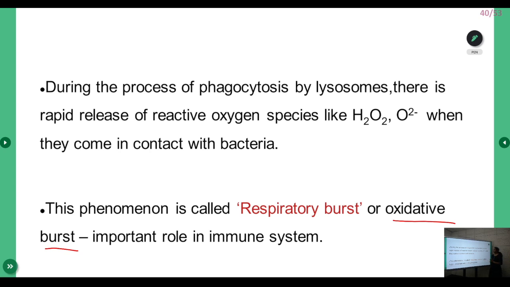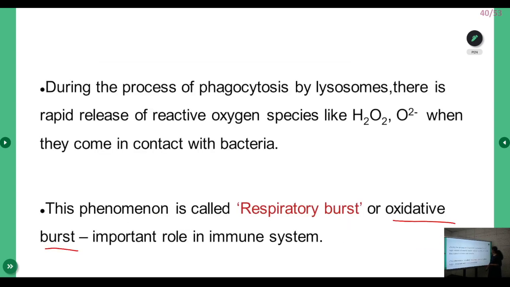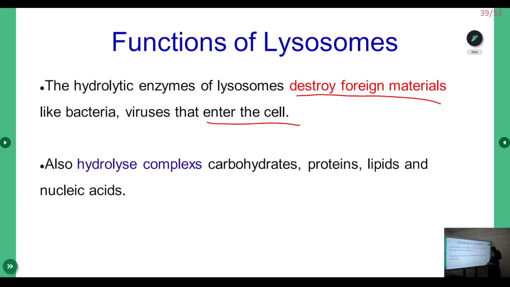In the phagolysosome there is formation of reactive oxygen species like superoxide and hydrogen peroxide, which, when they come in contact with the bacteria, destroy them, and that process of destruction is called the respiratory burst.